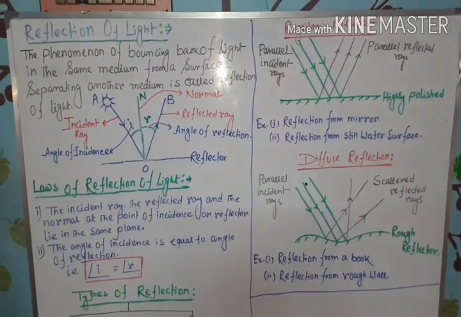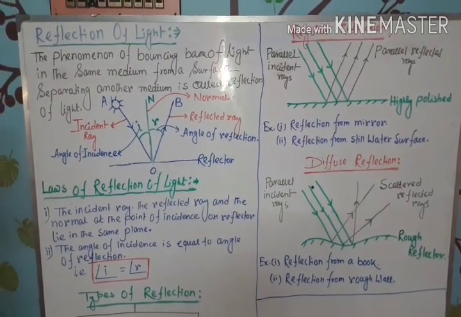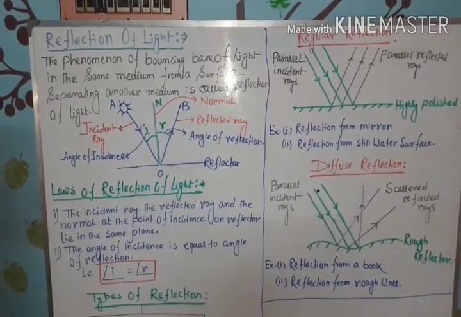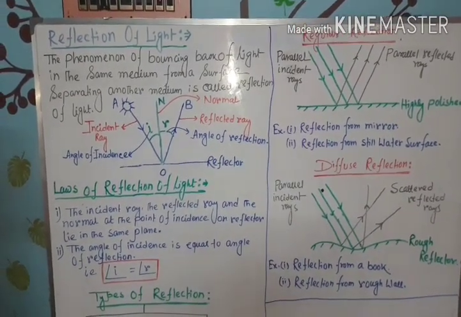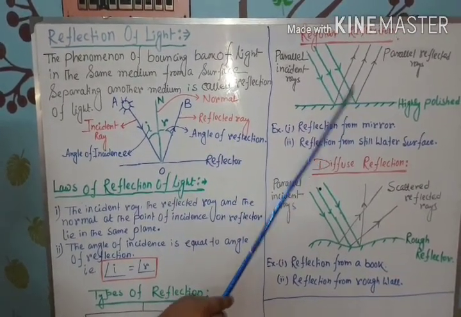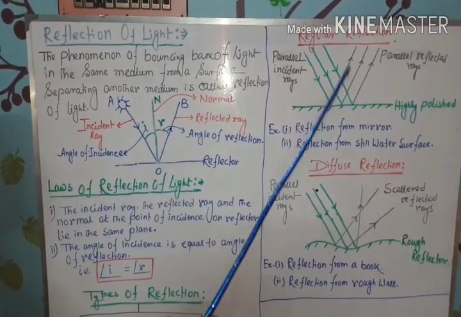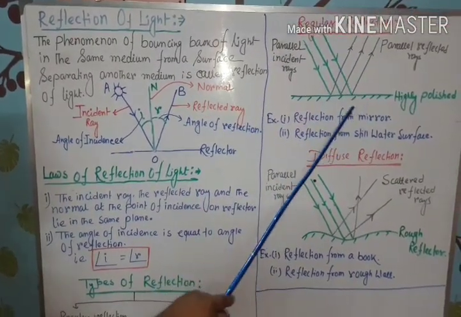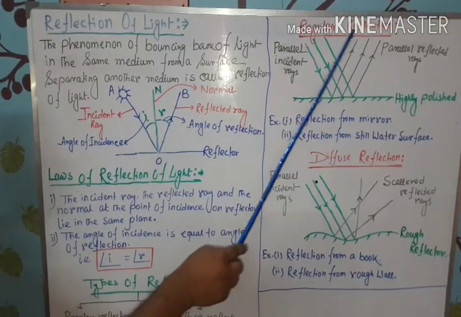Whenever a reflector is highly polished and the light rays incident on that reflector are parallel to each other, after reflection the reflected light rays are also parallel to each other, and this type of reflection is called regular reflection of light.